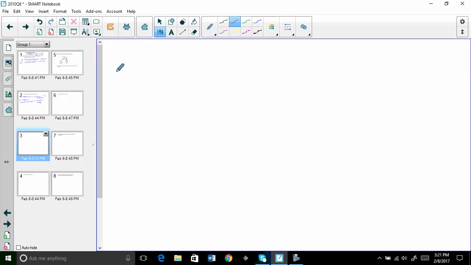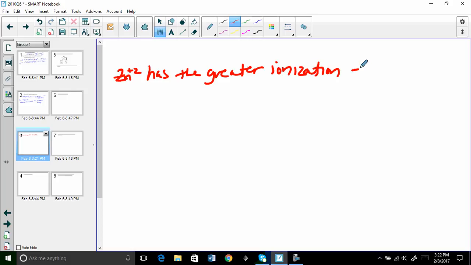So what I would start, always answer the question: what has the greater ionization energy? Zn plus 2 has the greater ionization energy. First sentence, answer the question. And you don't have to say it in both parts of the compound sentence, but you need to say, here's my justification.